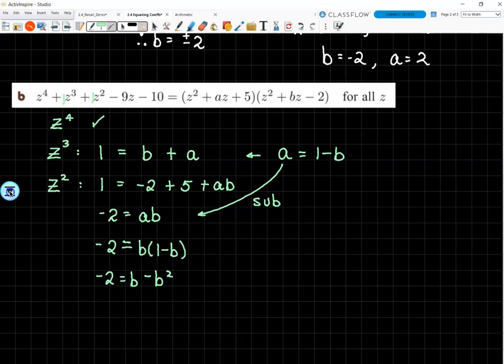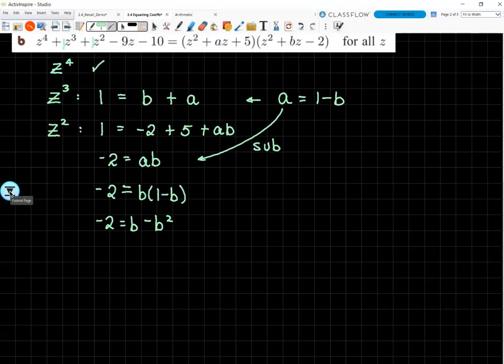Oh, look at that, a friend of ours. b squared take b, take 2. You guys get this? Okay, so nice factorizing. So that will be b minus 2, b plus 1.